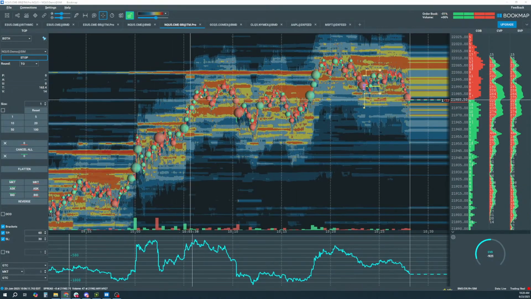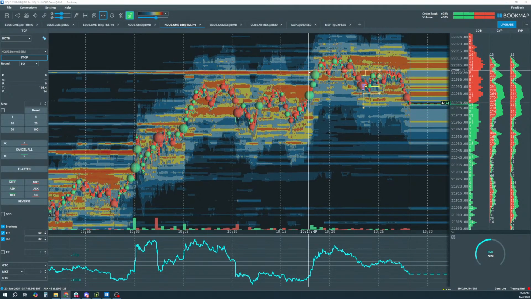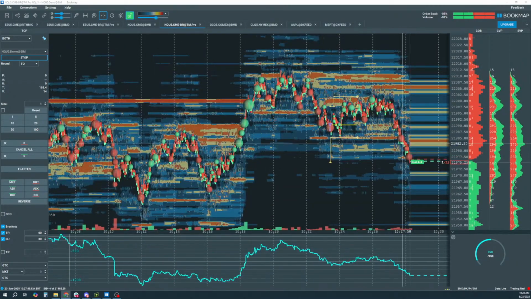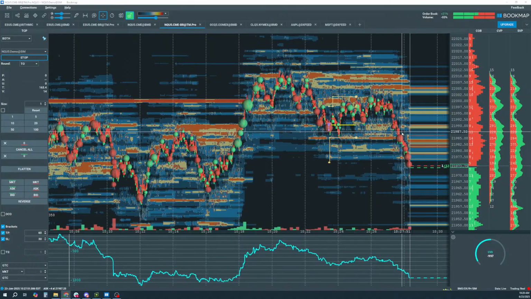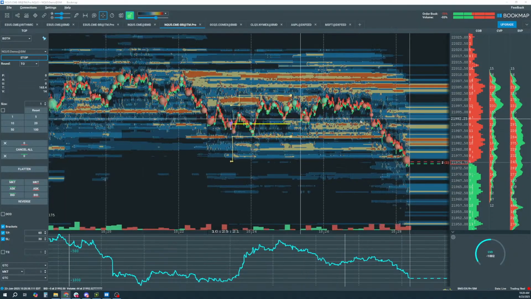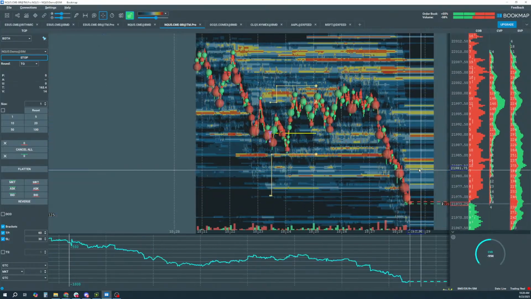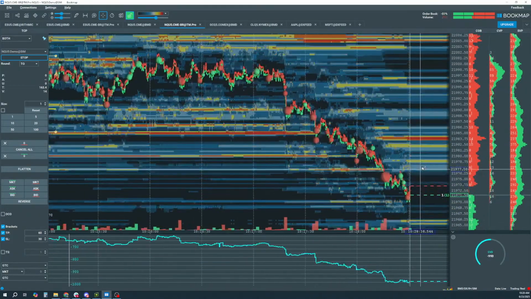Okay, so we know there's a lot of passive accumulation here on the sell side. Okay, so now we're looking for those aggressors on the sell side, and they are starting to come in now. Okay, so starting to see that. Okay, all right, so if that's the case, now we can start to look for pullbacks if we can get some.